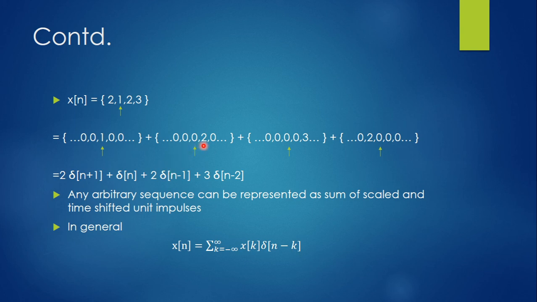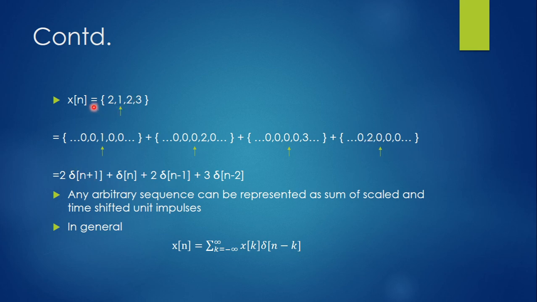Delta n shifted by 1 to the right and then multiplied by 2. Delta n minus 1 multiplied by 2. So what should this be? Delta n shifted by 2 and then multiplied by 3. This will be delta n shifted to the left, then multiplied by 2.